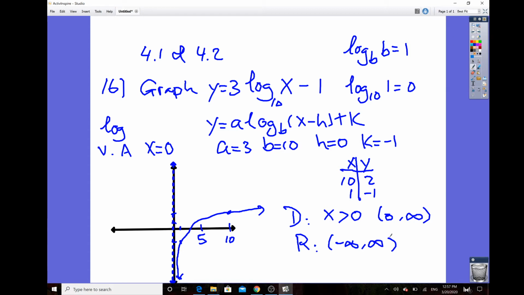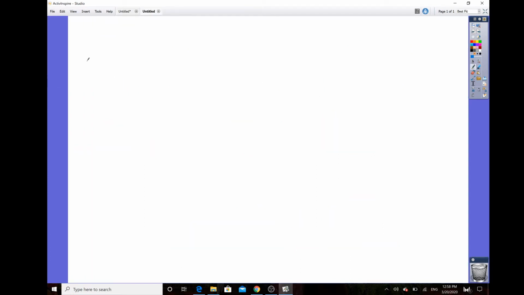And now 17. 17 is quite similar. So let's take a look at number 17. So for 17, we do have y equals negative 3 log of x plus 1.